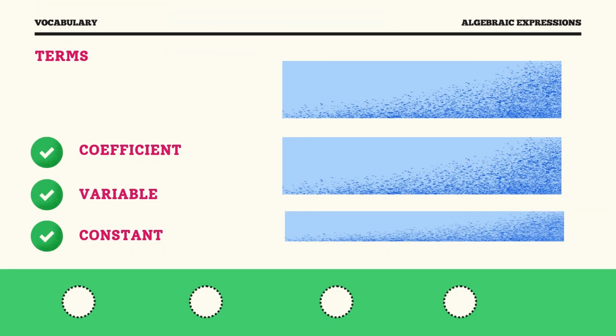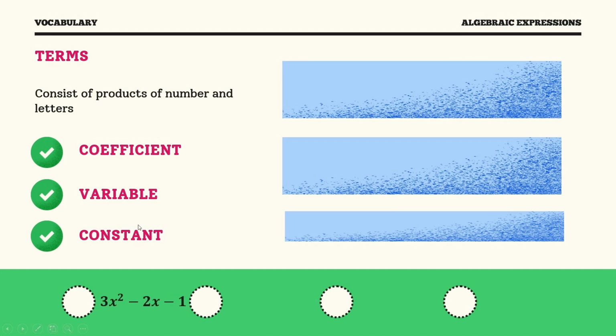Okay, so in algebraic expressions, there is some vocabulary we need to learn. First is terms. What is a term? Terms consist of products of numbers and letters. So basically, a term is part of the expression.